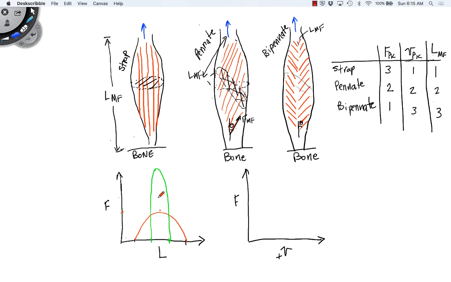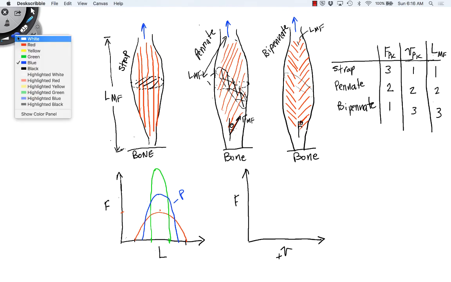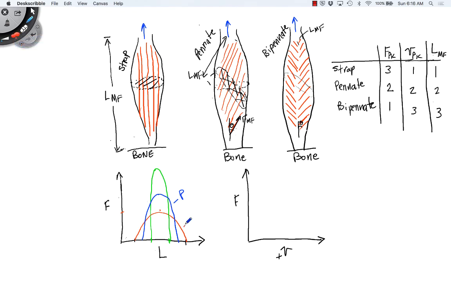So it might be something like this, where its operating length was shorter, and its peak force was less. So essentially blue is the pennate, red is the strap, and green is the bipinnate muscle, and that's what their relative force-length curves would look like.